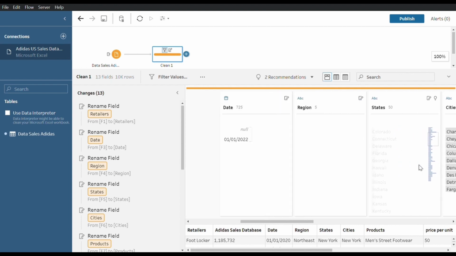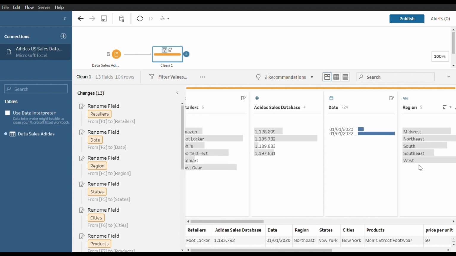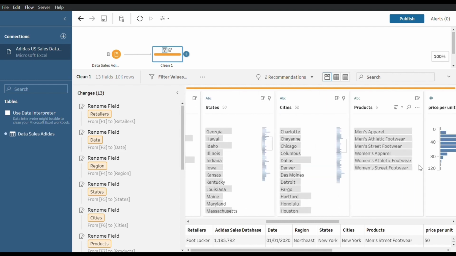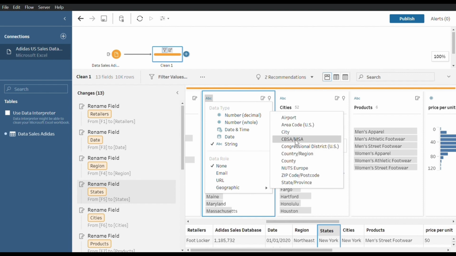So now what we are going to do next is change the states. We have to change the string from none and then make it states.